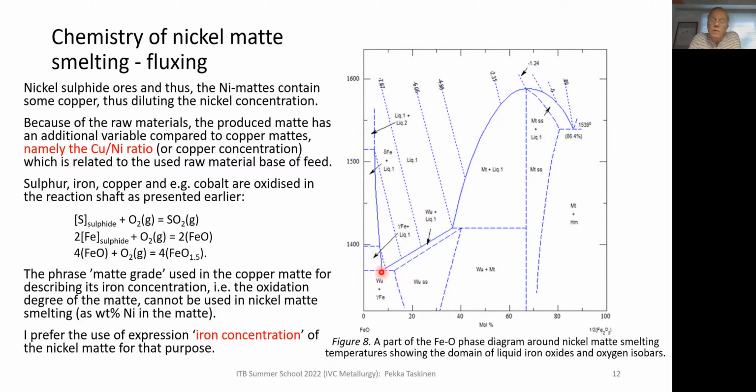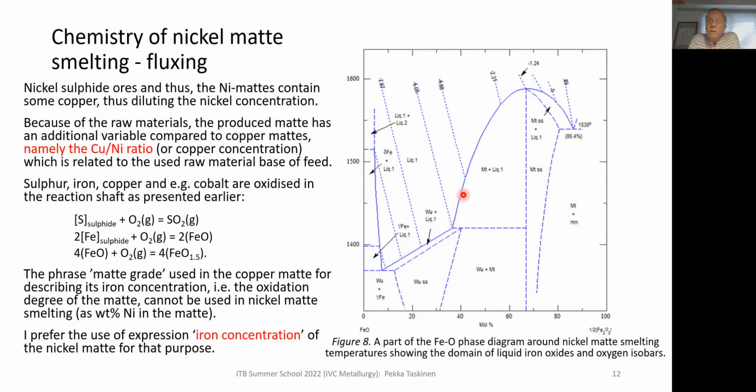It is formed at, say, 1370 or something like that C. But when we go to higher oxygen activities, to the domain of magnetite as the primary phase, we are then here. This is the magnetite phase field, pure solid magnetite, and here we have hematite.